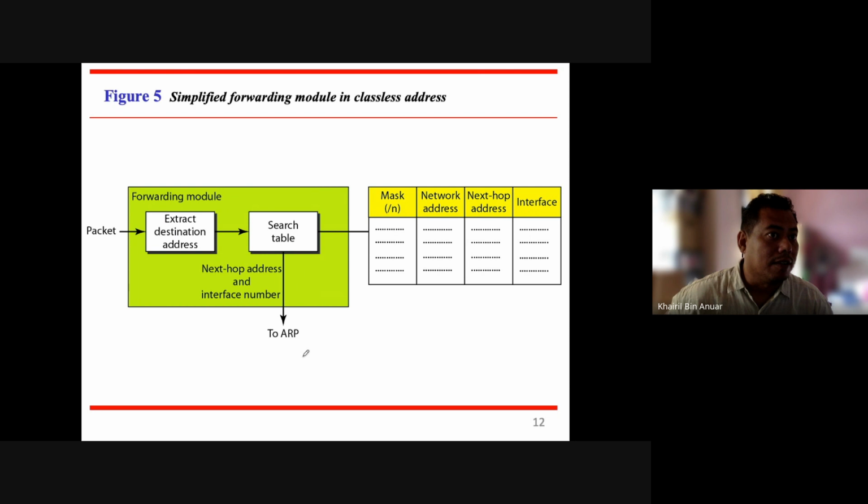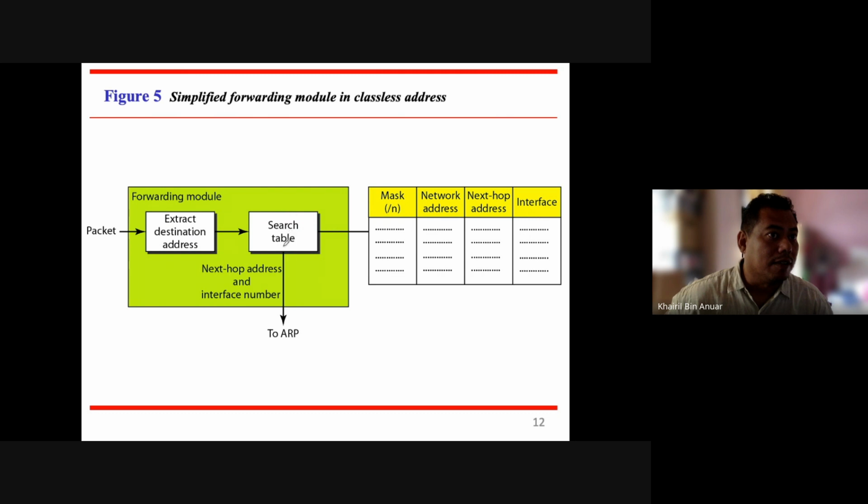In a basic routing table, how does this routing table perform? When a packet is sent to the switch or device, the forwarding module tries to extract the destination address, puts it into the search table and compares it with the routing table itself.